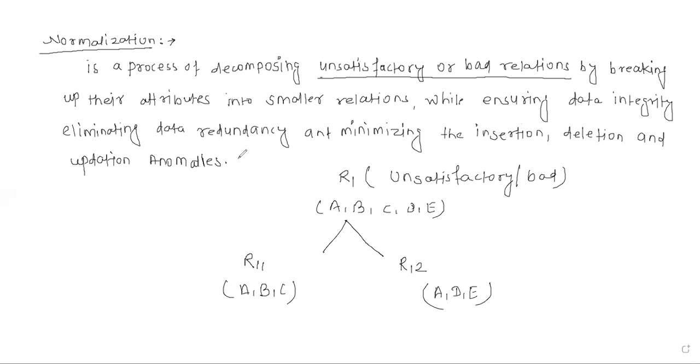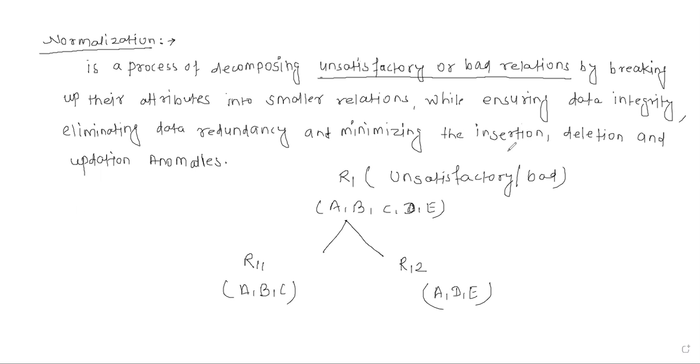Now, while ensuring data integrity, it means data should be there. It doesn't mean that data should be lost. Whatever data is entered into the main relation should also be available in these tables. So data integrity should be there, eliminating data redundancy. If you look at these two tables, some of the repeated records which were there are now segregated into two different tables, so the redundancy will be eliminated, and minimizing the insertion, deletion, and updation anomalies.